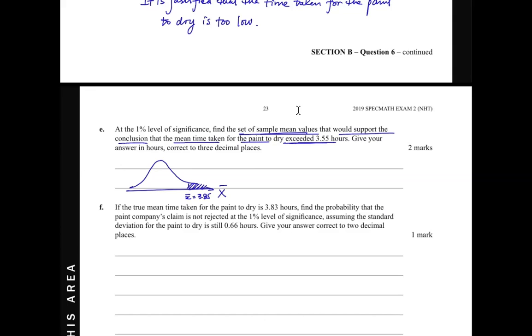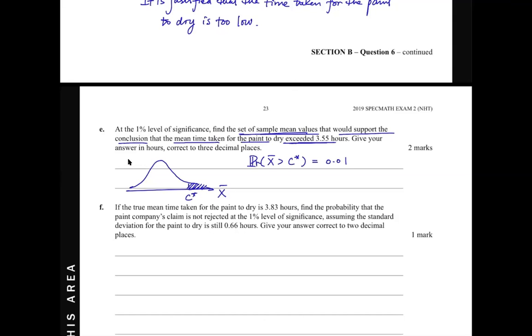So we want to find a critical region. C star. Probability X bar greater than C star is 0.01.